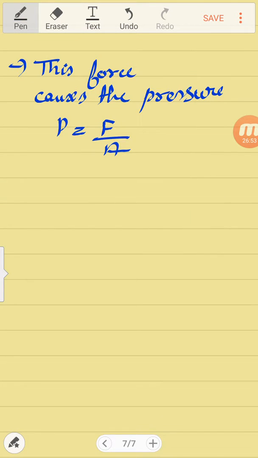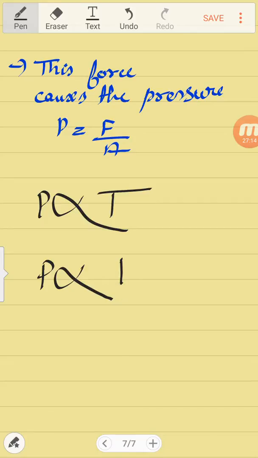Okay. Now let me explain pressure and temperature. Pressure is directly proportional to temperature, and pressure is inversely proportional to the volume.